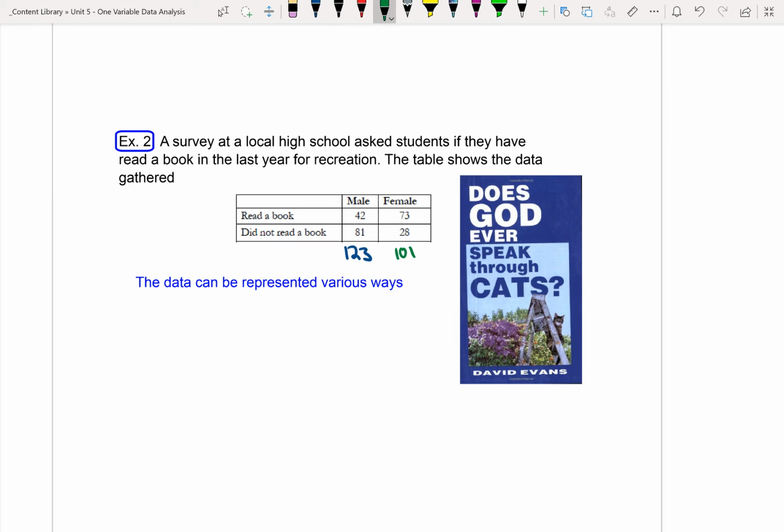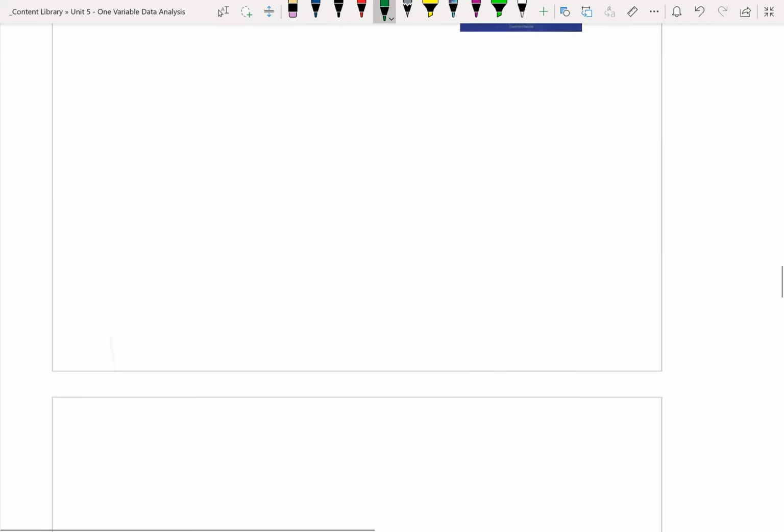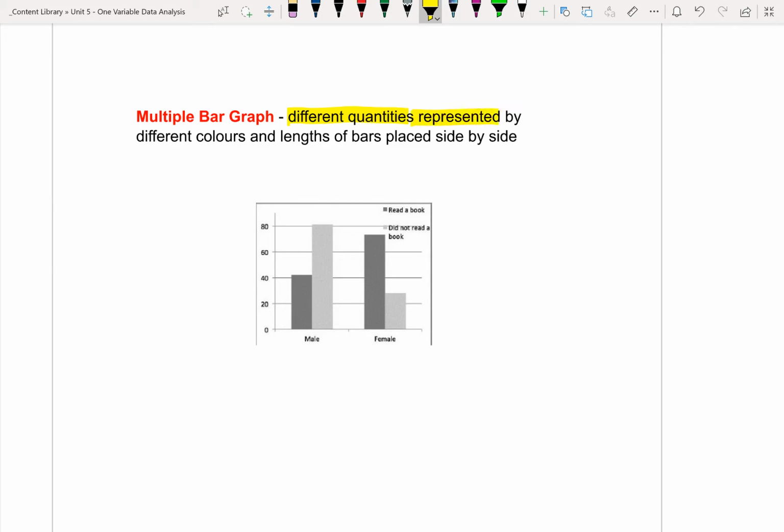So this data that we have here in the table is our raw data, and this can be represented in various ways. The first one would be a multiple bar graph. We've seen these before on assignments, but in a multiple bar graph, we have different quantities represented by different colors placed side by side.